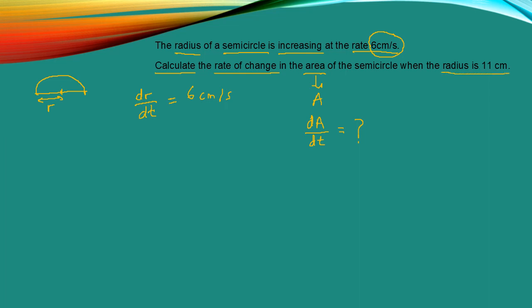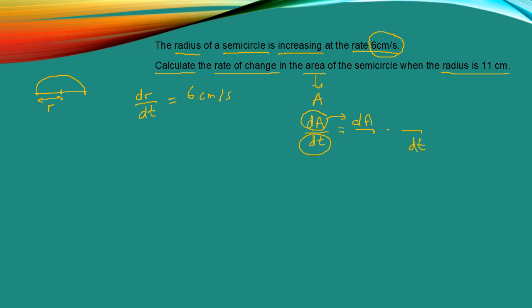To solve this one, we will use the chain rule. For dA over dt, we will formulate a chain rule and separate it into two parts. First we put dA, and then dt at the last part.